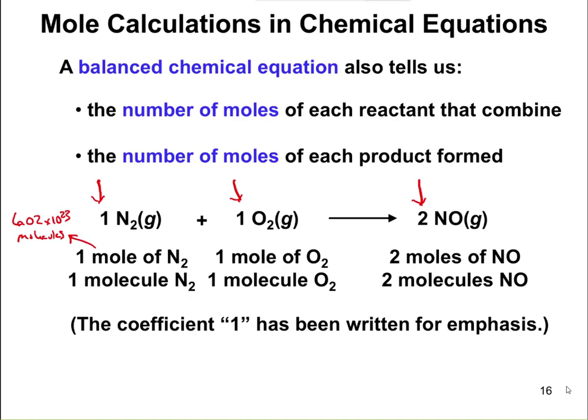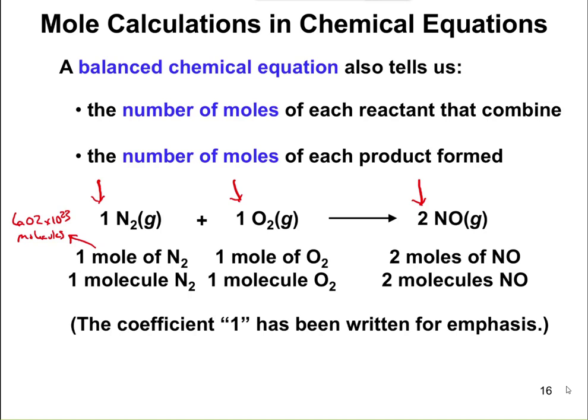But what this is saying is that the ratio is the same. If you had 6.02 times 10 to the 23rd molecules of N2, that would react with 6.02 times 10 to the 23rd molecules of O2, and you would form 2 times 6.02 times 10 to the 23rd molecules of NO. Another way to say that is 1 mole reacts with 1 mole to form 2 moles.